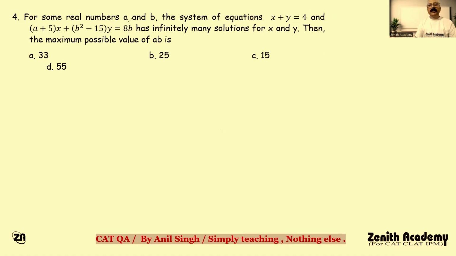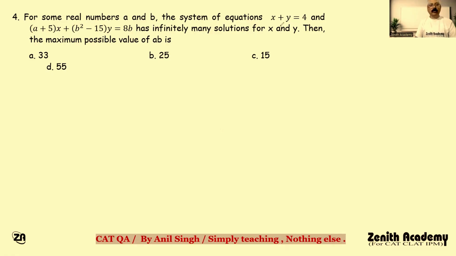For some real numbers a and b, the system of equations x plus y is equal to 4 and (a plus 5)x plus (b square minus 15)y is equal to 8b has infinitely many solutions for x and y, then the maximum possible value of ab.